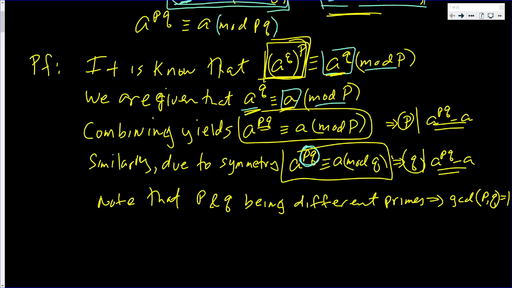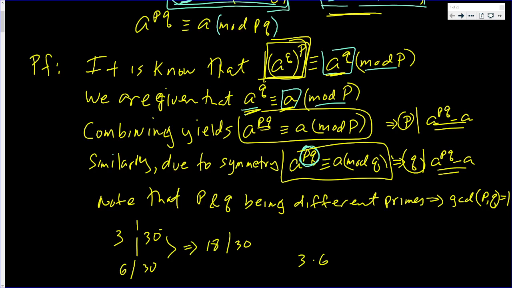For example, 3 divides 30, goes in 10 times, and 6 also divides 30. This does not imply that the product divides 30.